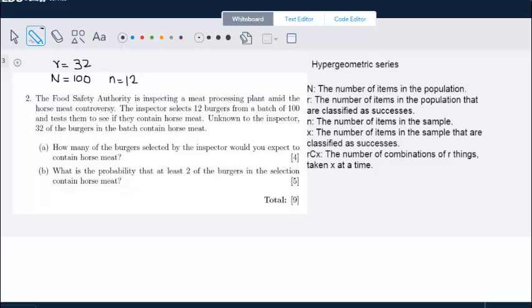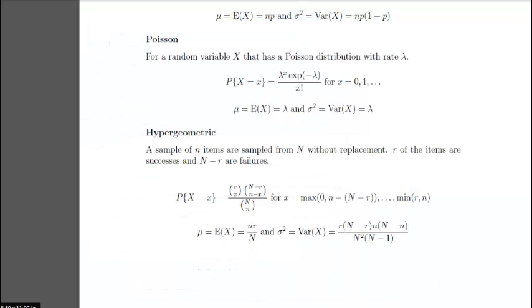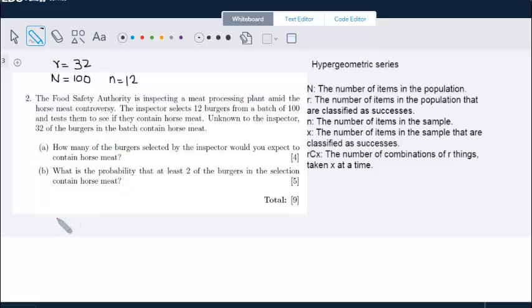The first question is, how many of the burgers selected by the inspector would we expect to contain horse meat? For that, we need to calculate the expected value. That is, mu is equal to the expected value of x.